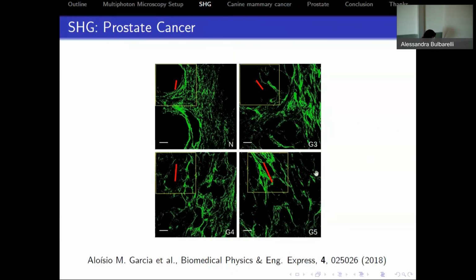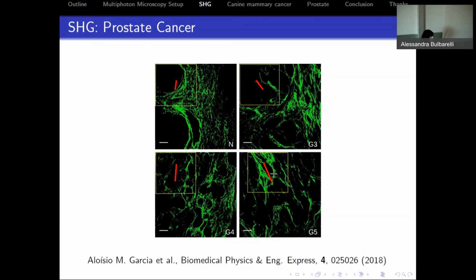And here is an example of patterns of prostate cancer with 3 different types of diagnosis. And the red line there is an indication of how organized the fibers are. So the smaller the length of the line, the less the alignment of the collagen fibers.